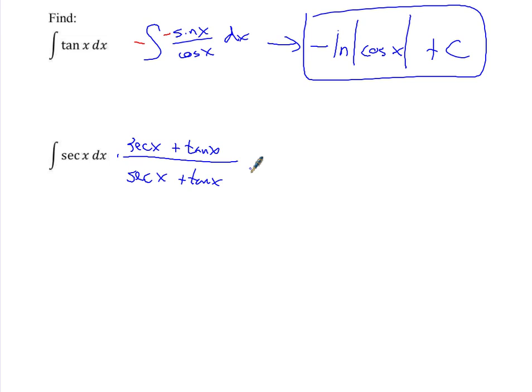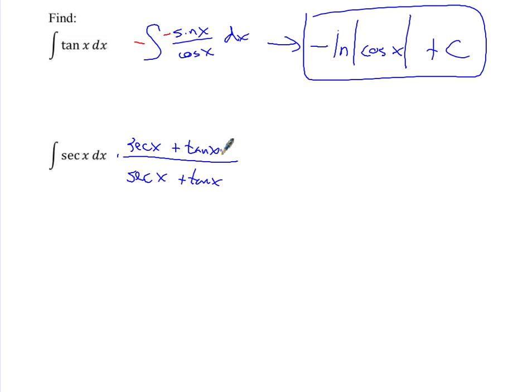Why? I said don't, but how are you thinking about it? What they're trying to do is get this into a form that we can take the derivative of. We're trying to get the derivative of the denominator into the numerator. There are some identities that involve secant squared and secant tangent.